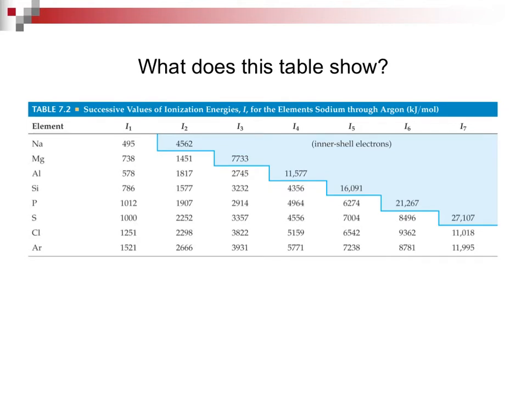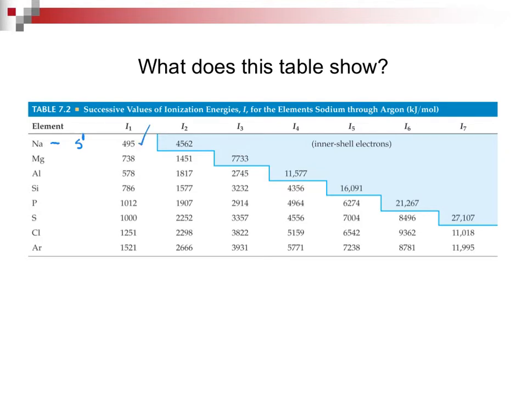On the next slide is a table, a very important table. Before I start talking about it, take a look and see if you can see some sort of trend. There's white, there's blue, there's something labeled inner shell electrons. Let's attack this. Sodium, the first one, is an s1 metal, and it has an ionization energy.